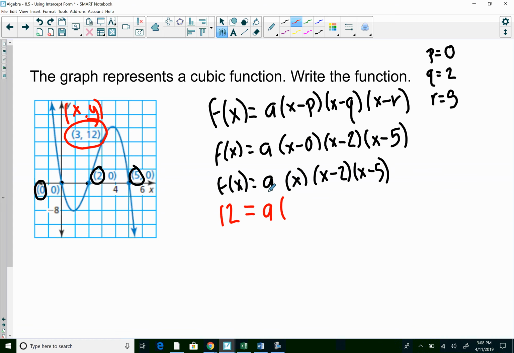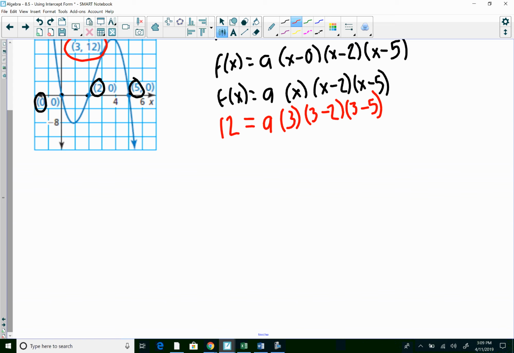We've got to figure out, is a going to be positive or negative? Like what way is this graph opening? Is it odd, even kind of thing? So then we're going to take, let's see, x is 3. So we're going to plug 3 in for all of the x's here. And now let's solve for a.